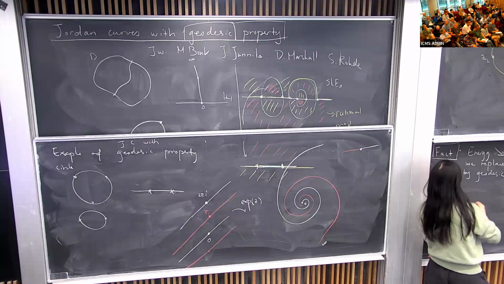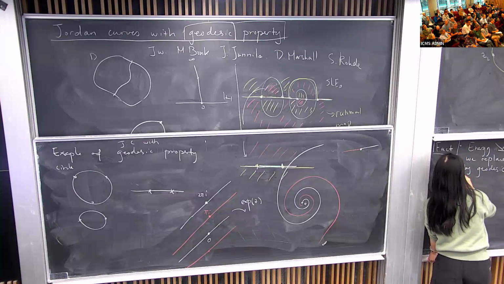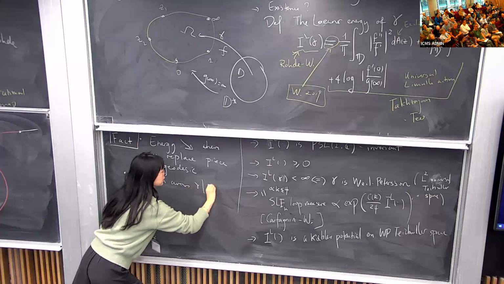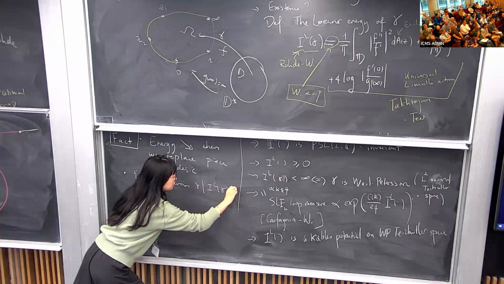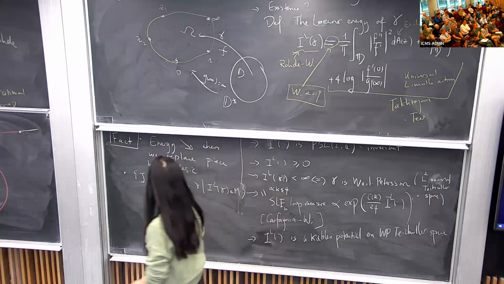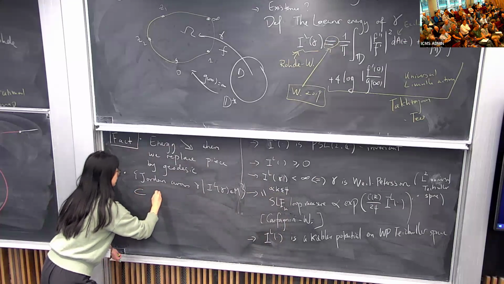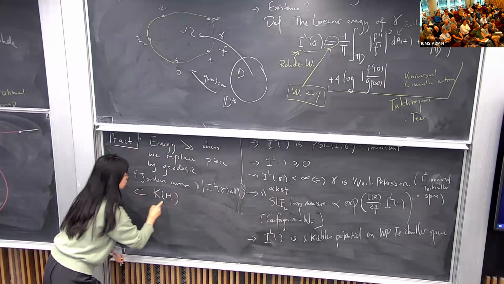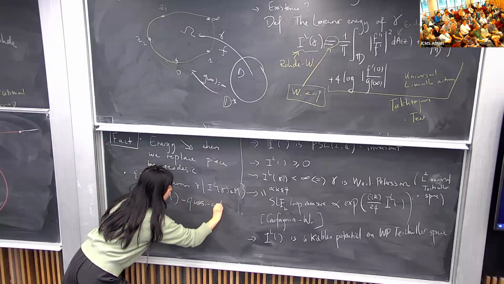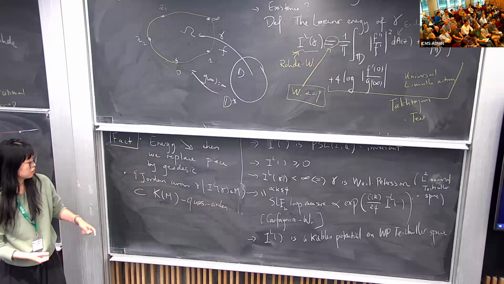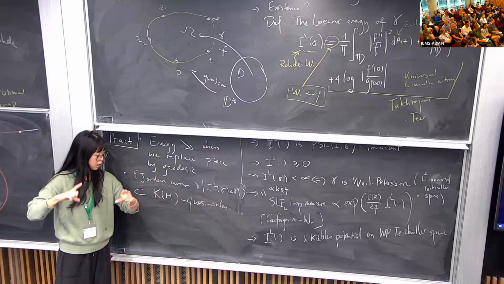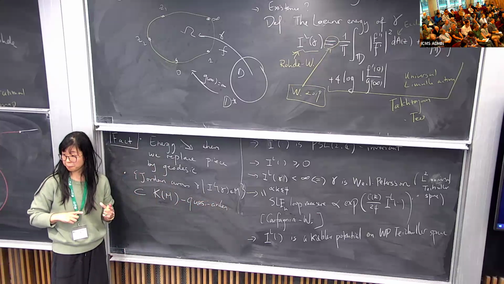And also for those Jordan curves gamma for which the Loewner energy is less than a number M, they are inside the family of K-quasicircles, where K is a number depending on M. I remind you, a K-quasicircle means the image of the round circle under a K-quasiconformal map.